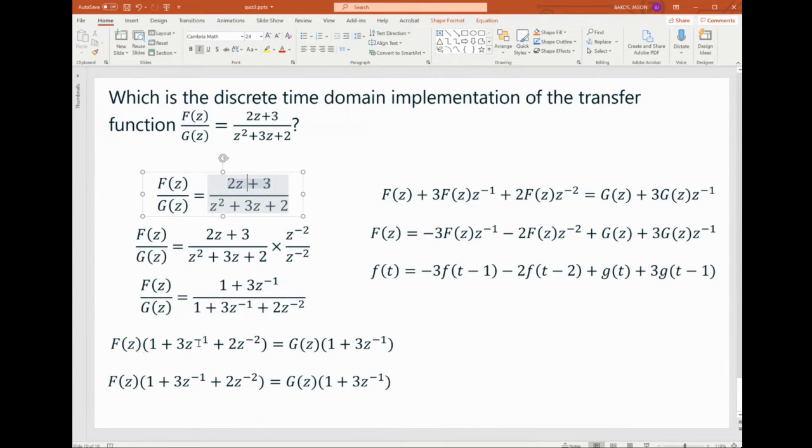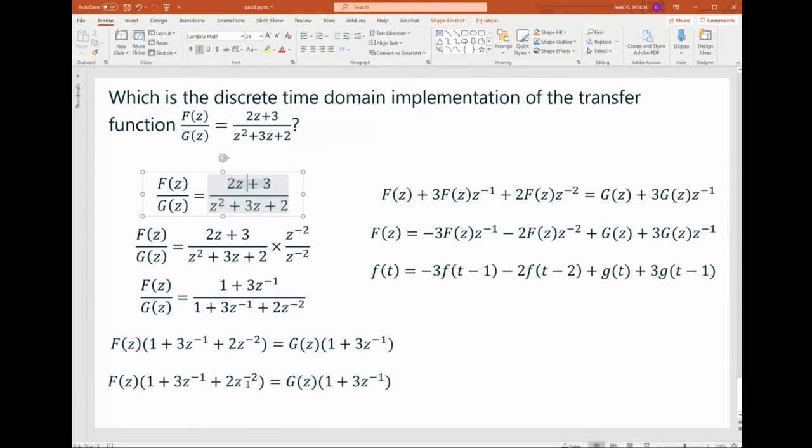I've started out by taking all of the f of z stuff and getting it on one side. In this case, it just involves basically a cross multiply. So I took the denominator here and multiplied it against f of z, and the numerator and multiplied it against g of z. So I end up with this.